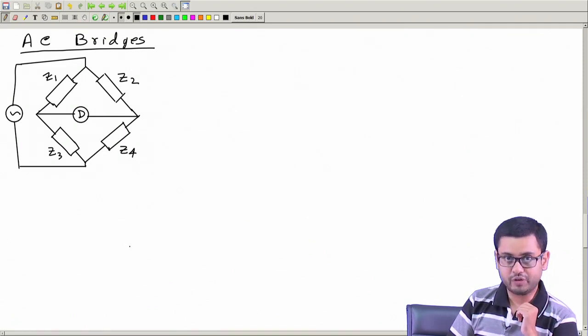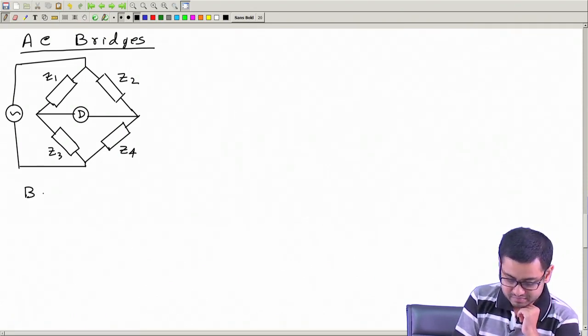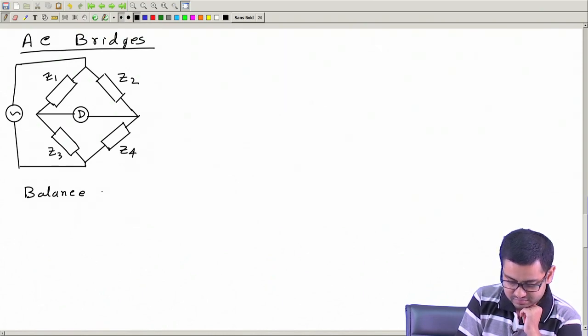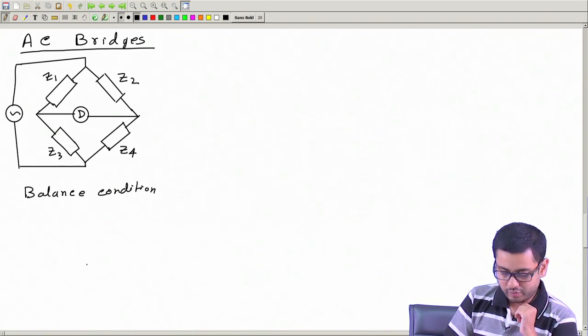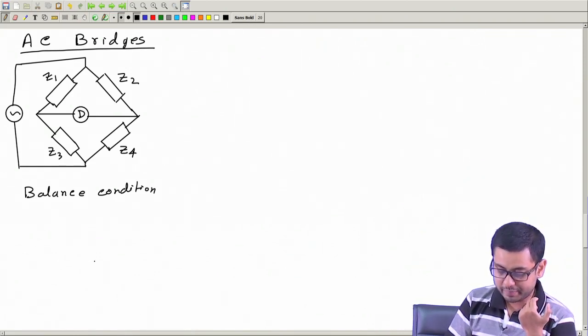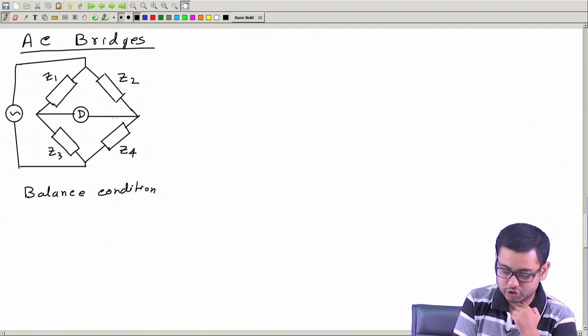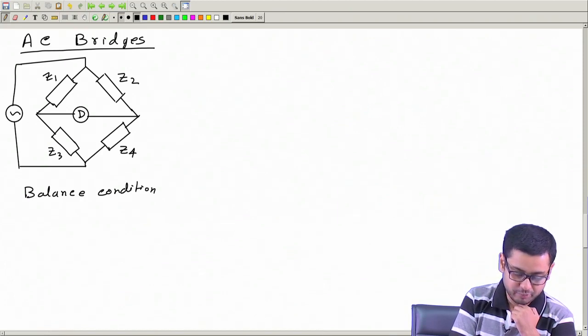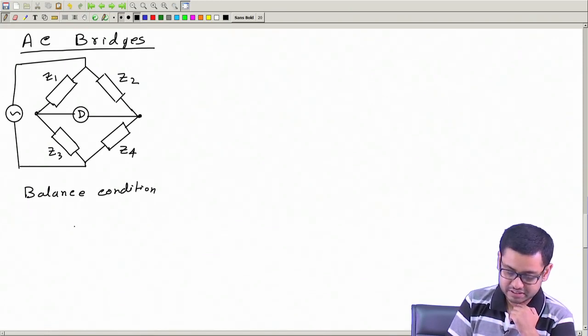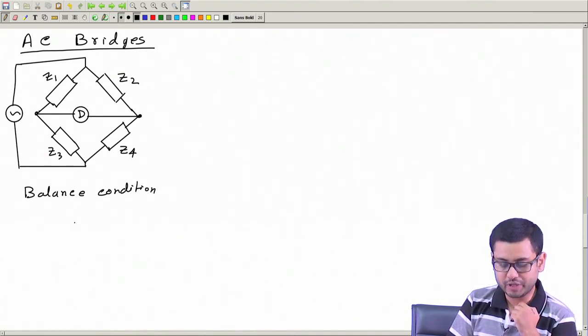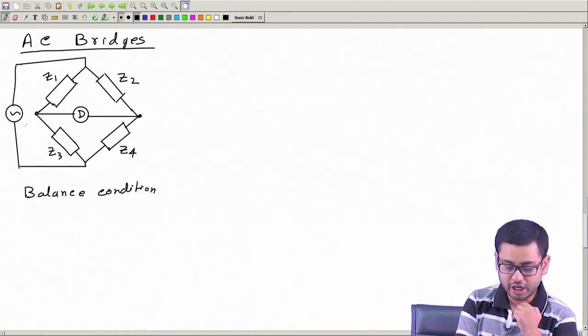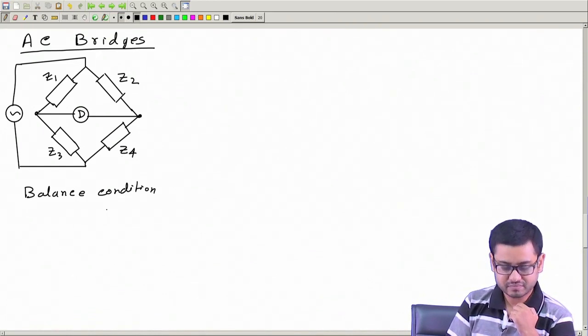and once again we can find the balance condition. What do we mean by balance condition and null condition? It is the situation when no current flows through this detector. And that is only possible if the potentials here and here are exactly the same, both in magnitude as well as in phase, because now we are talking about AC.